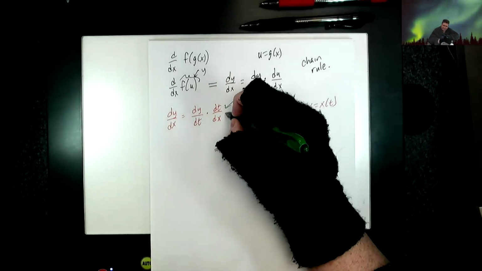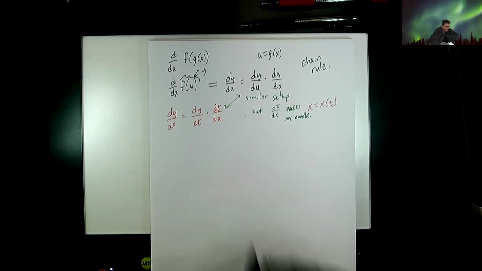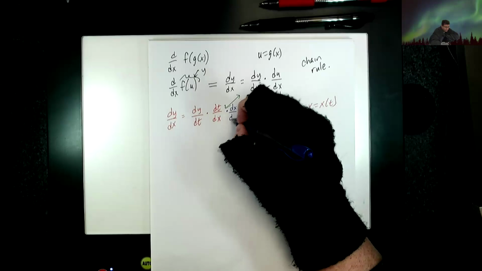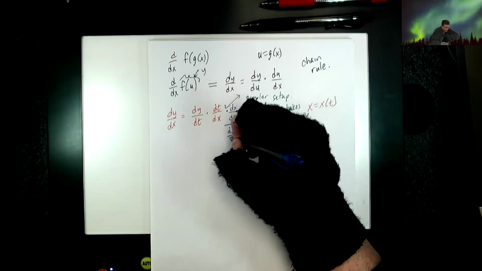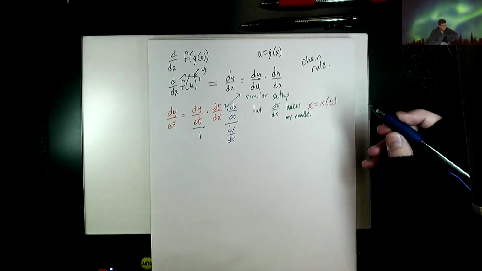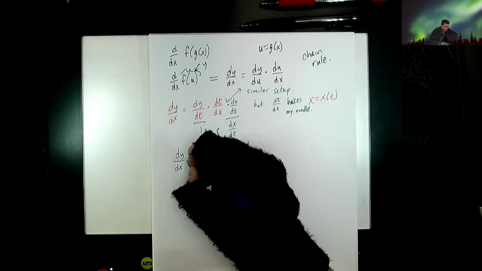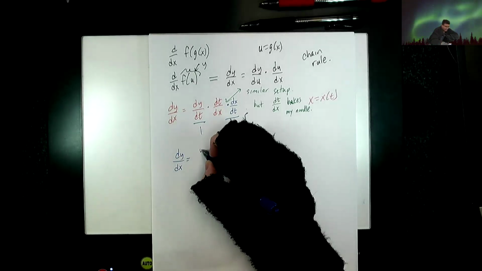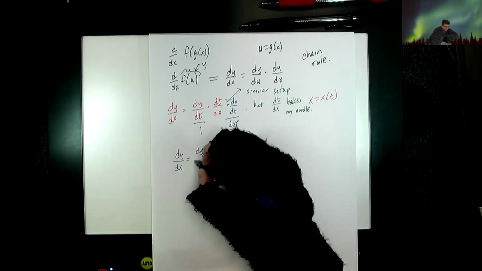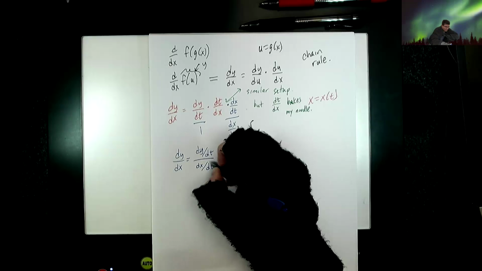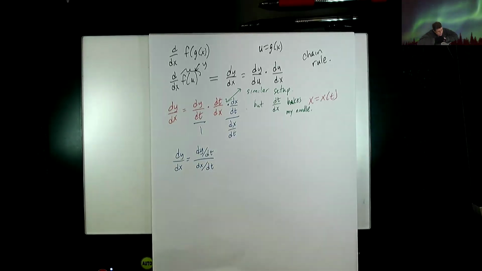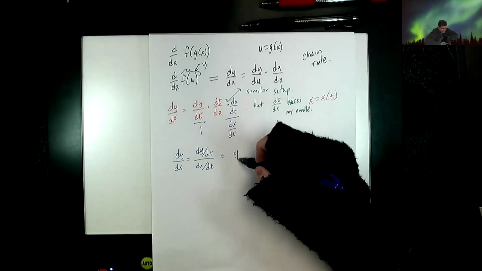So if I multiply this effectively by the reciprocal on top and bottom, I get dy/dx equals dy/dt over dx/dt. And that dy/dx is the slope of the tangent line.